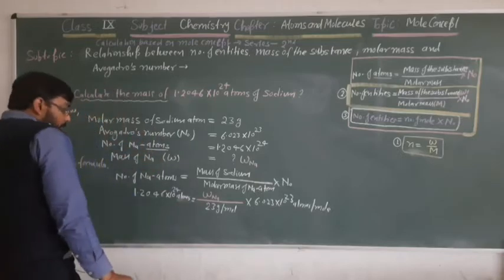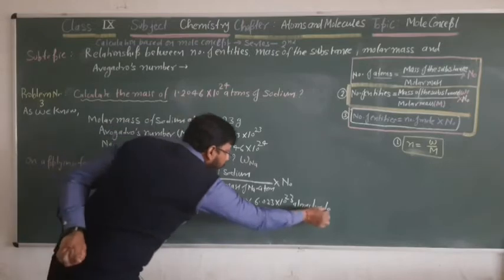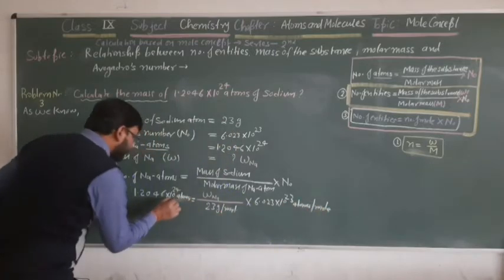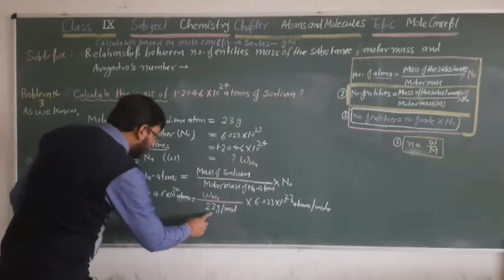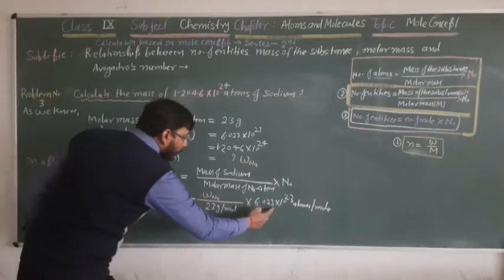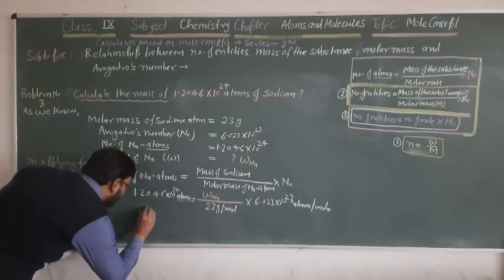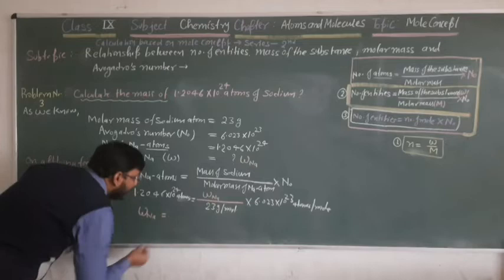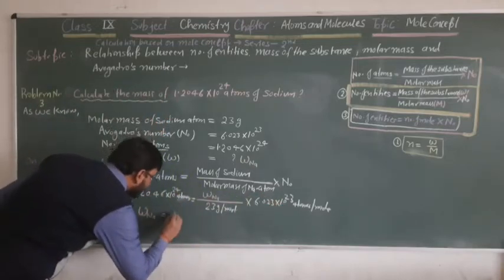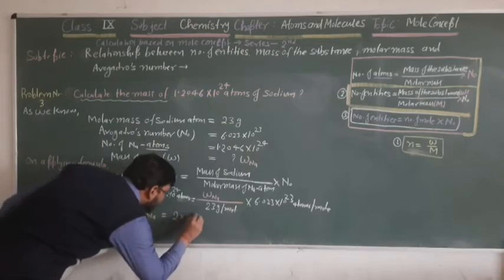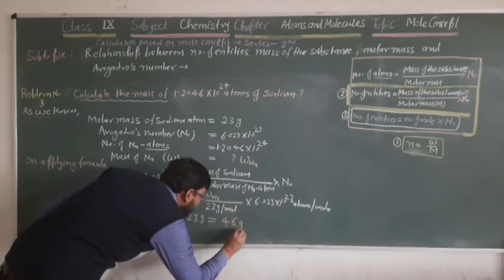Is equal to, now see, mole cancel, atom cancel, and this value is double of this value, so here we will get 2. So W Na will be equal to, when we multiply this value, 2 into 23 gram, that will equal 46 gram.